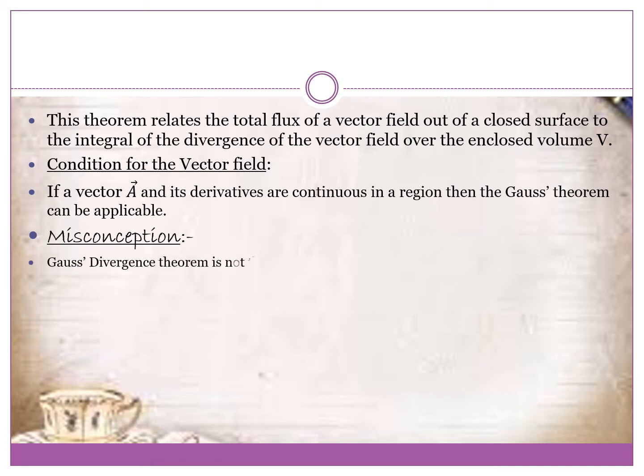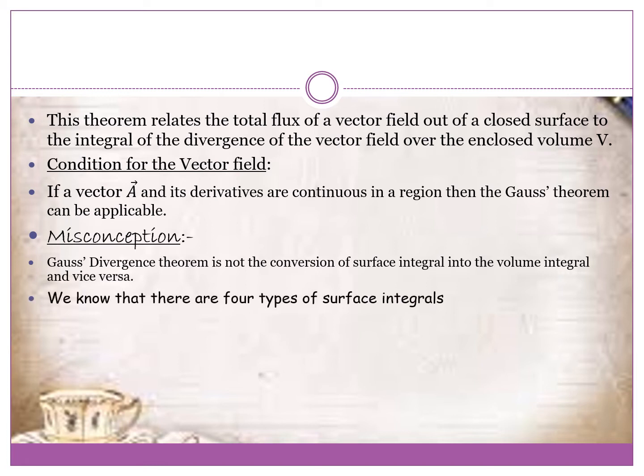Gauss divergence theorem is not the conversion of surface integral into the volume integral and vice versa, because we know that there are four types of surface integrals, in which one includes the cross product, second in which phi is a scalar function, third in which phi is a scalar function where the differential is a vector, and the fourth one is the dot product of two vectors. It means you cannot convert the surface integral into the volume integral by using this theorem.